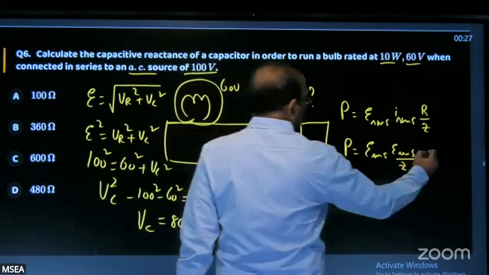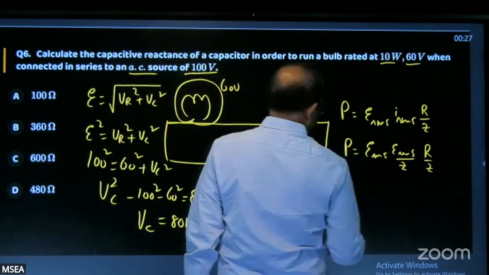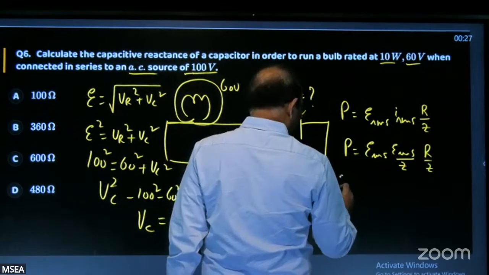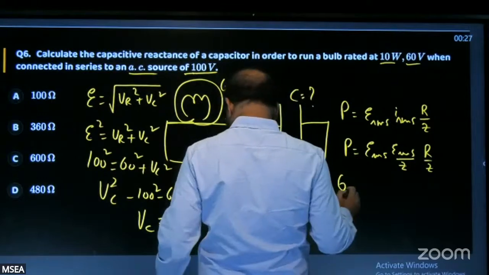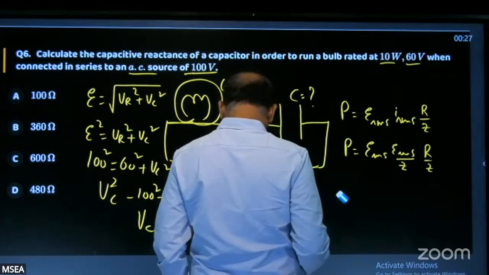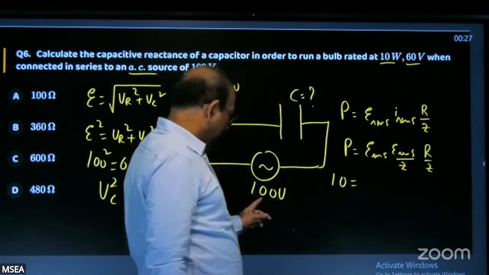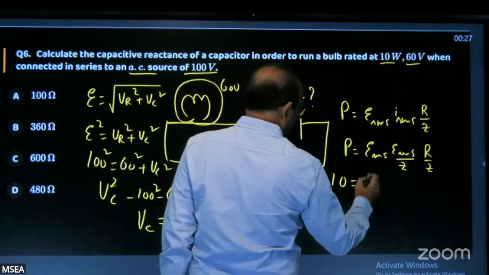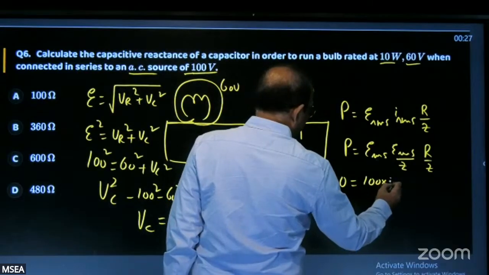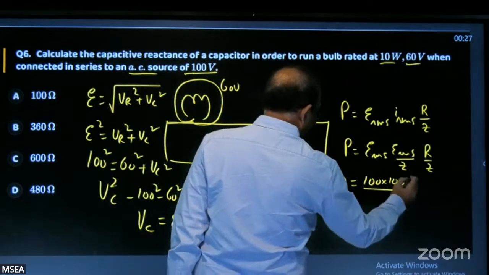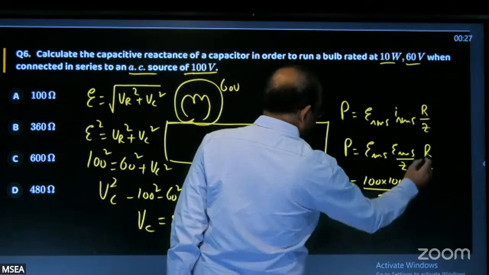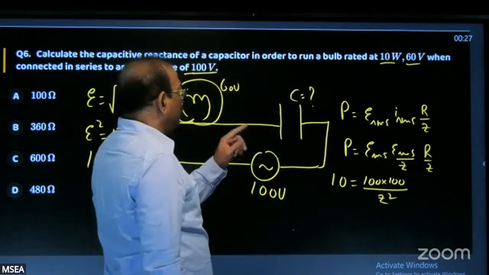So the power is ERMS by Z into R by Z. How much is the power given? 10 watt. ERMS, 100 given. 100 into 100 by Z into Z, Z square into R.